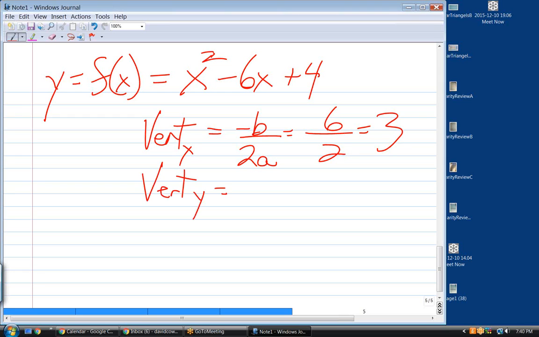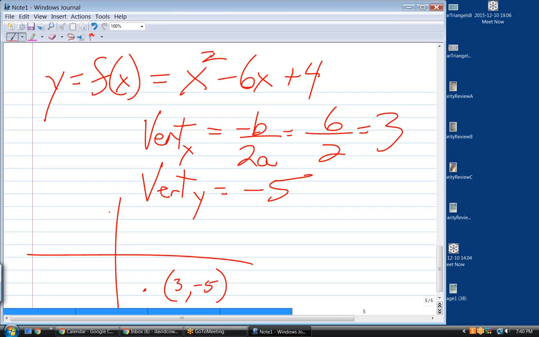Plug in 3 for x. So you have 9 minus 18 plus 4, which is minus 5. Now that's pretty good. That gives us 1 point. 3, minus 5, there's the vertex. I know it opens up because that thing's positive. So it's going to do something like this.